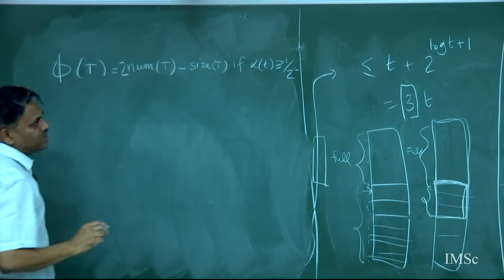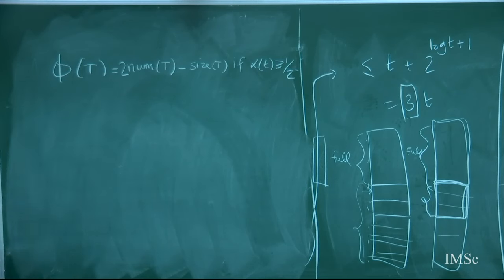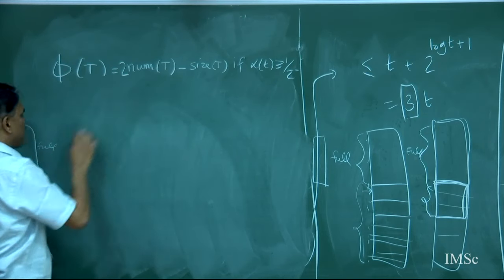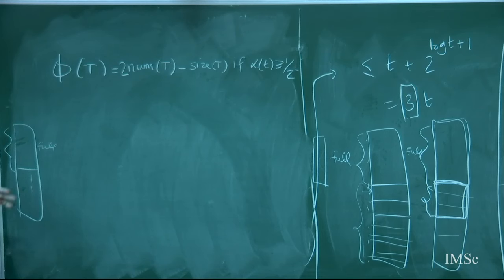This is the old potential. If my load factor is more than half, so this is full, then make sure that all these elements have 2 credits attached. One to copy that element, and one to copy some friend of his from the top half. So when this gets filled up, everybody has a credit, you can do it, and that is exactly 2 times the number of elements minus size by 2. This is the old potential.